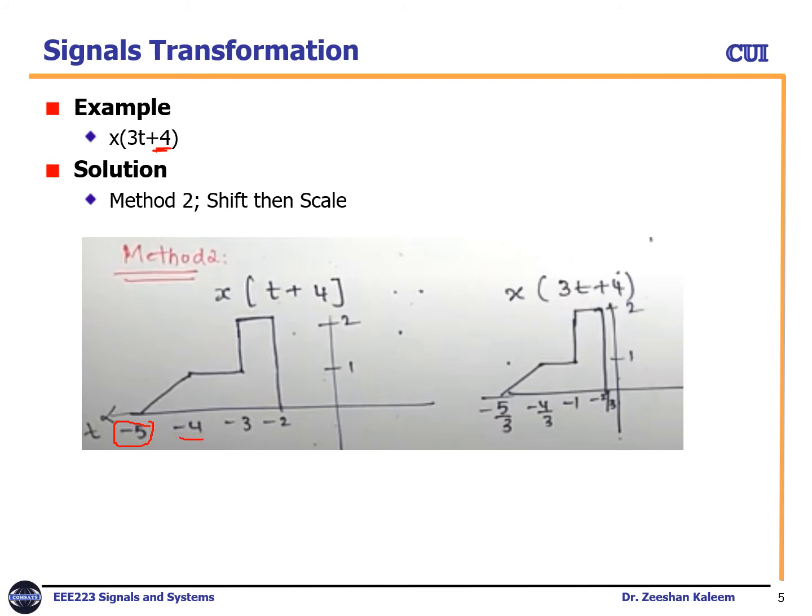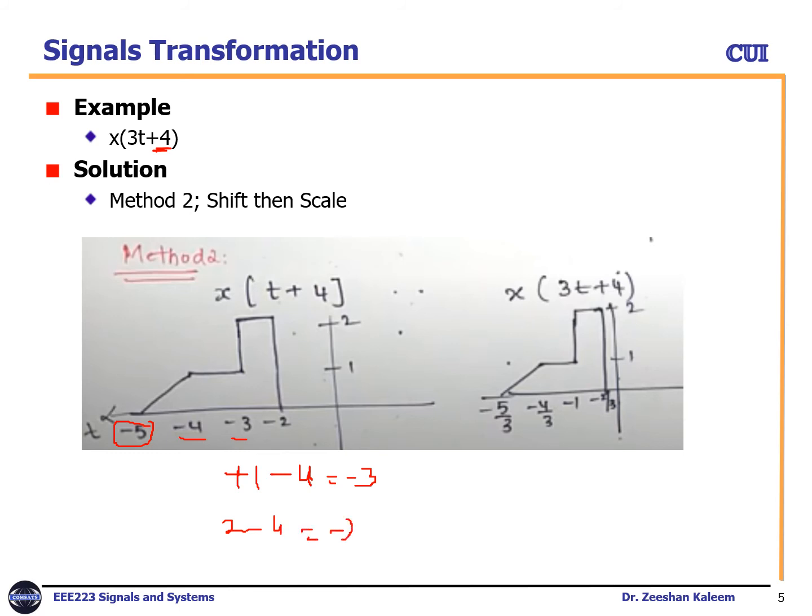Then previously it was 0 here, so 0 minus 4 becomes minus 4. Previously it had a plus 1 here, so plus 1 minus 4 is equal to minus 3.